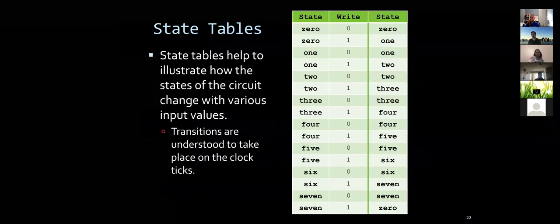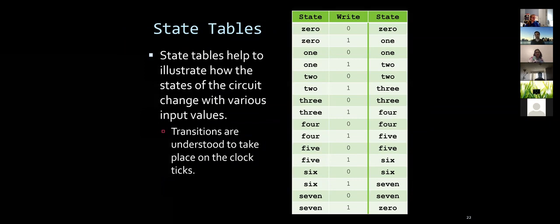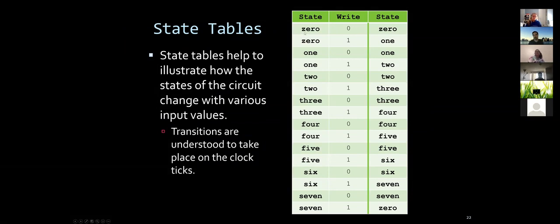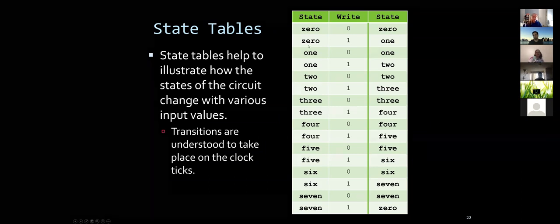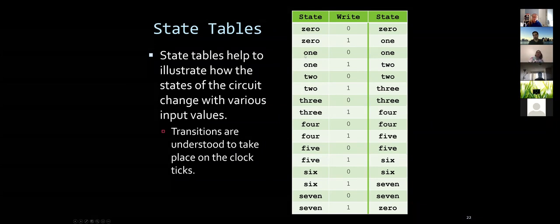Okay, how are we going to build the state tables? This is very similar in a sense to a truth table. Essentially, we have a state and we have an input. So I have state 0. If the input is 0, nothing changes. If I have state 0 and the input is 1, then it becomes 1. And the same here: if my state is 1 and the input is 0, it stays at 1.